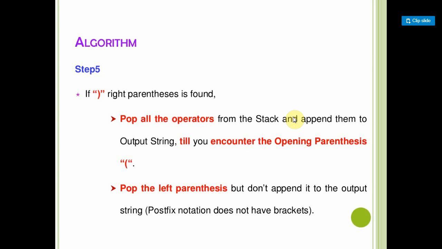In between the right and left parenthesis, whatever operators are there, irrespective of precedence, just pop one operator at a time and append it to the output postfix expression until you find the left parenthesis. After that, you pop the left parenthesis and ignore it; it does not need to be appended to the output expression.